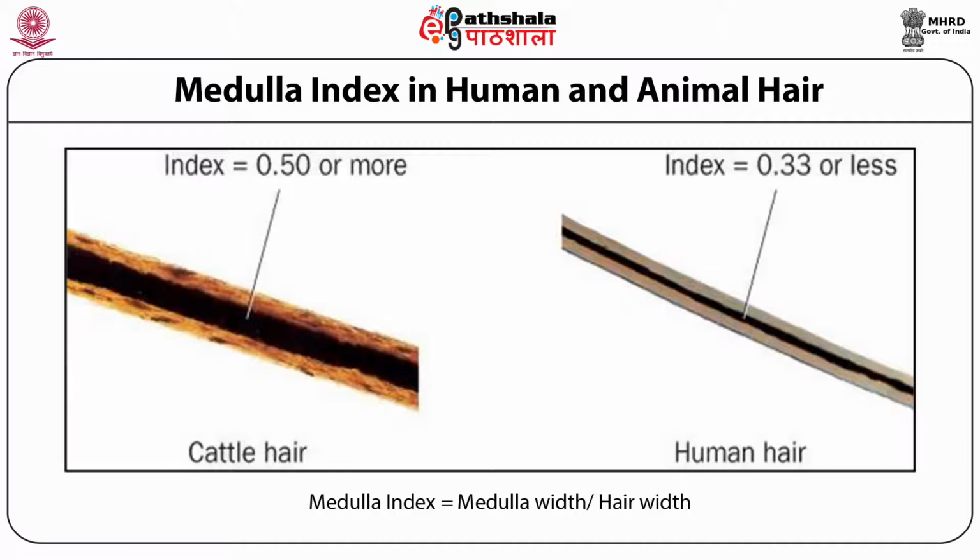In the first diagram, the illustration of cattle hair is shown where the medullary index is 0.50 or more, whereas in humans the medullary index is 0.33 or less. In humans, the medulla structure is often fragmentary or trace, discontinuous, broken, or it may be continuous.